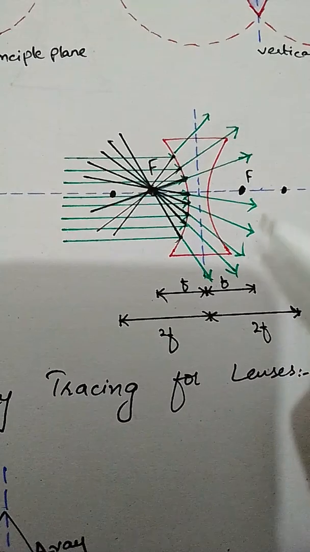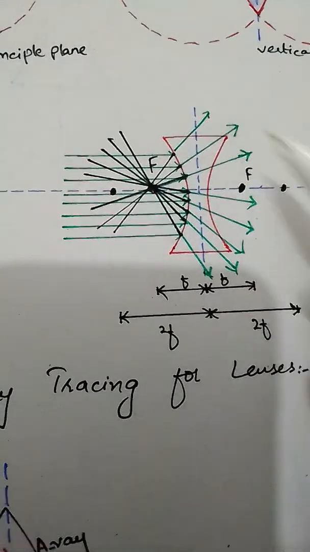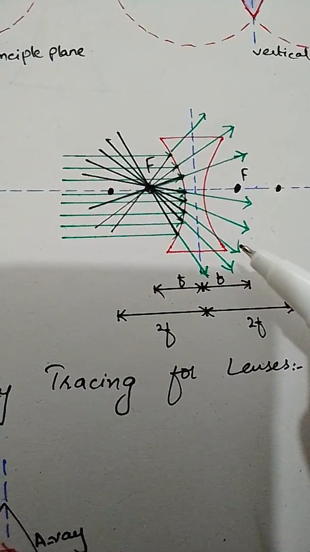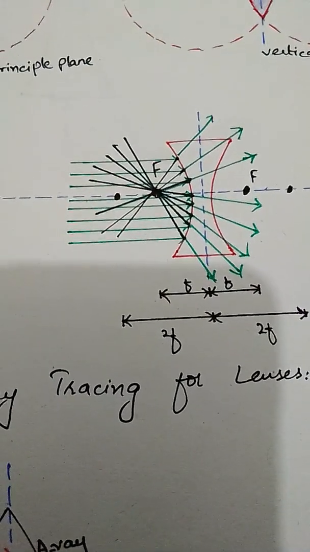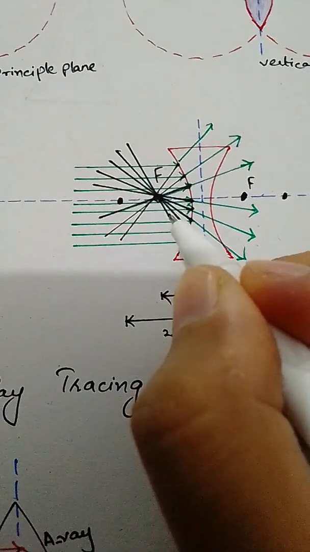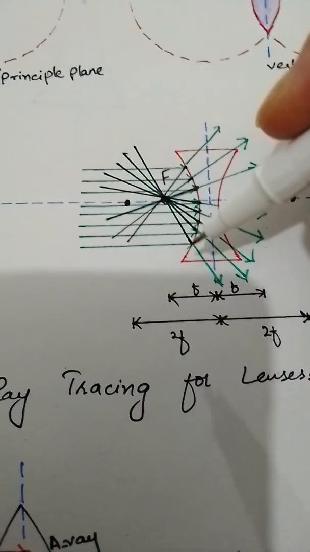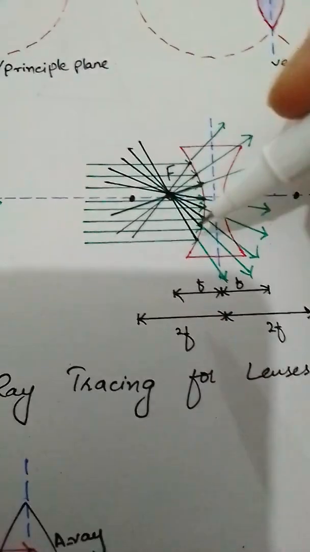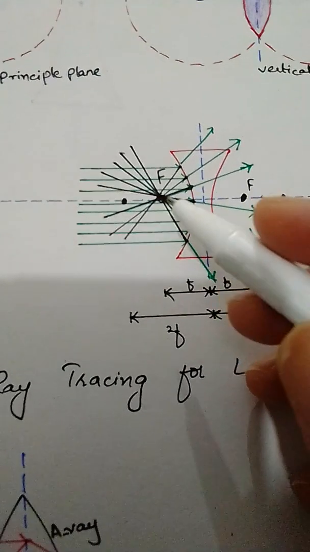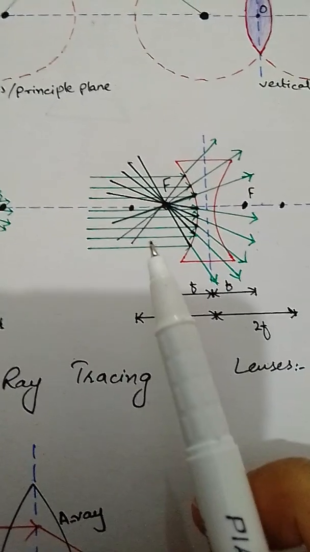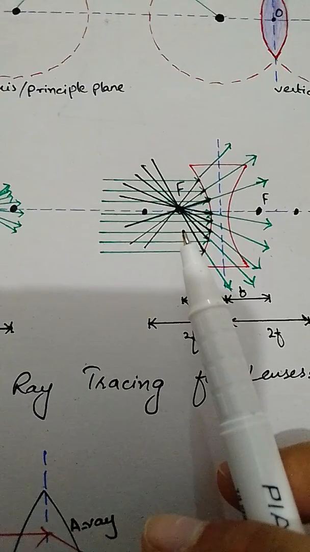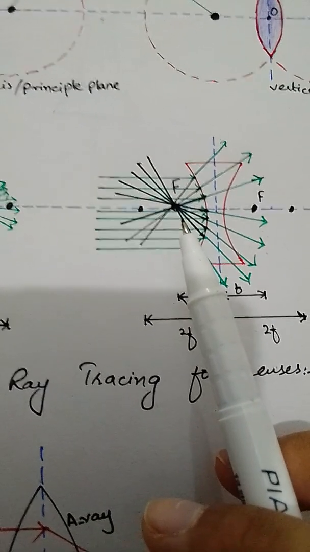Now if there is no intersection point after it gets refracted, where would the image be formed? Simple. We just trace these lines back, just like we did in the case of the convex mirror. The only difference is that this is not a convex mirror, it is a concave lens.